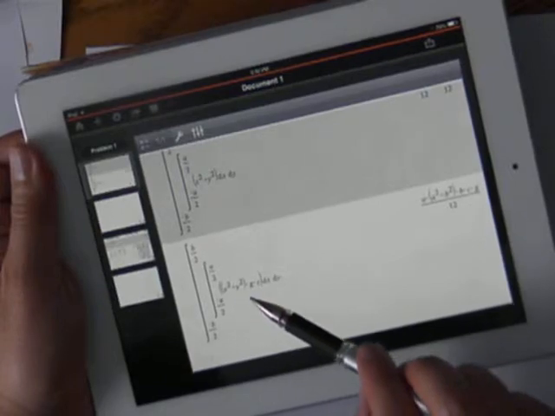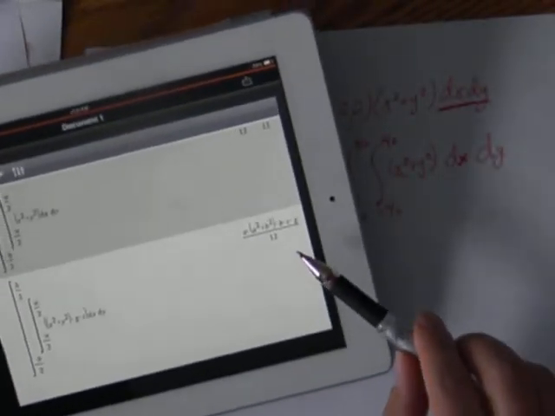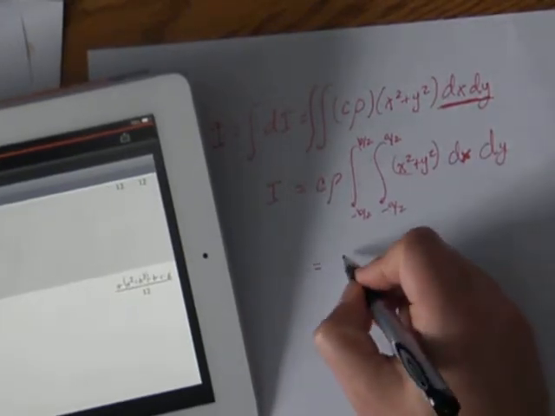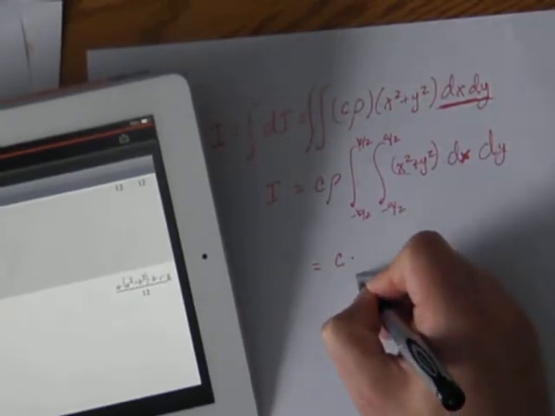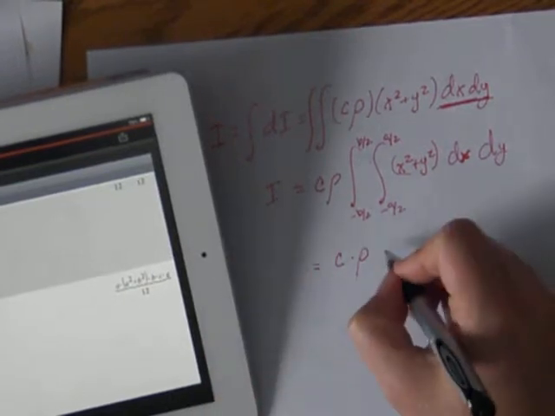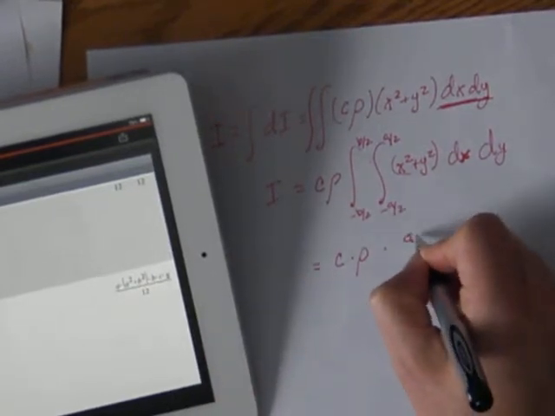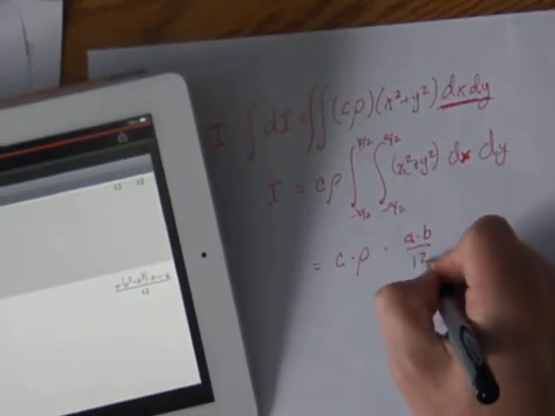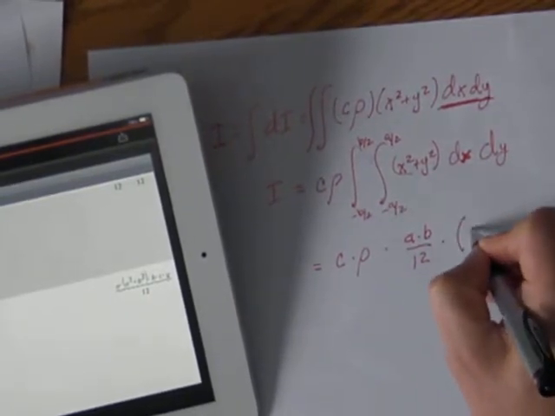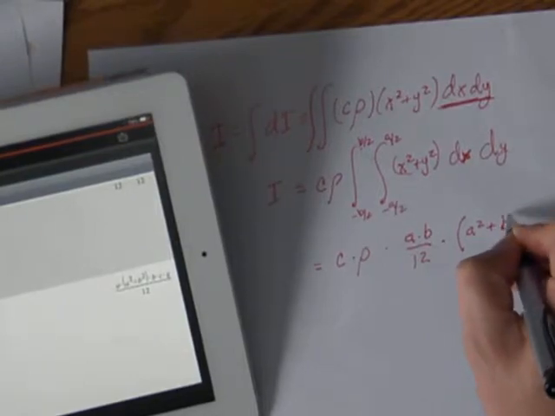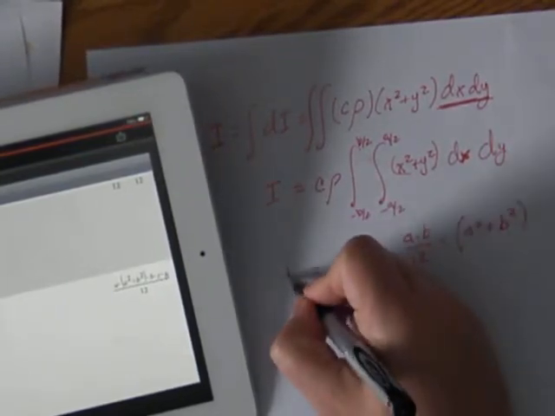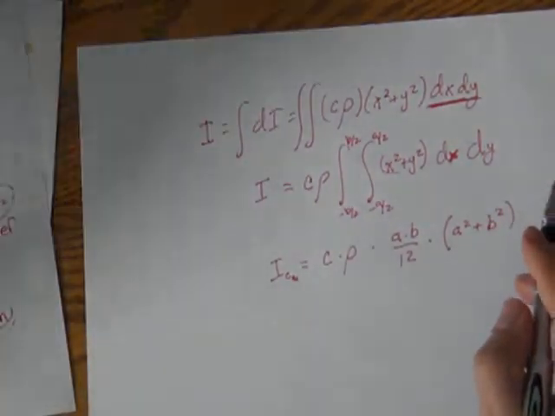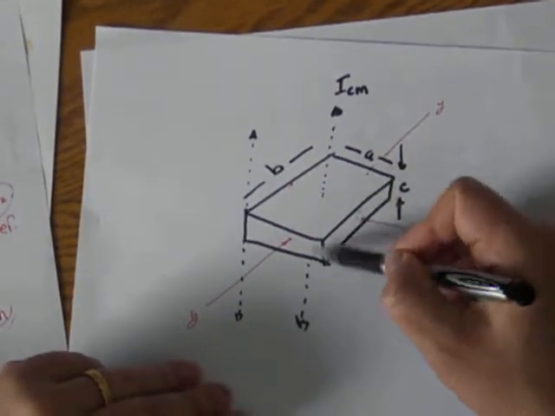When I hit the integrate button, here's what I get: c times rho, that's my c times g, times a times b over 12 times a squared plus b squared. And that's going to be the inertia through my center of mass, the center axis of my slab.